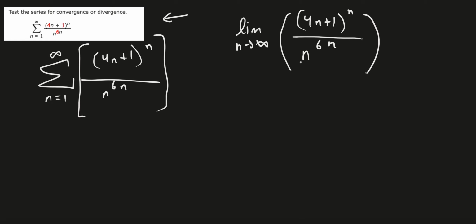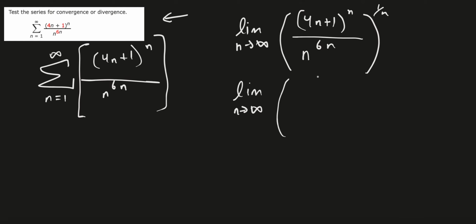What I can do is take these n's and write them all as one n power. So I raise this to 1 over n. This is equivalent to making this the nth root. Instead of that, which is kind of messy, let's just make this 1 over n. Same thing. Limit as n approaches infinity.